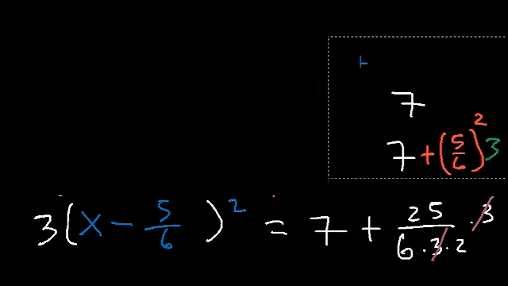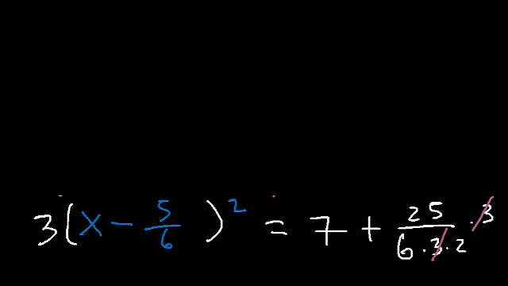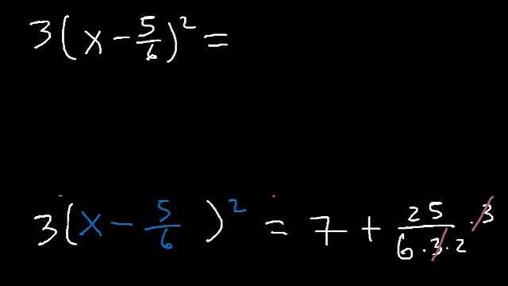It makes the math a lot easier. So what we now have is 3 times x minus 5 over 6 squared equal to 7 plus 25 over 6 times 2, which is 12. So let's get common denominators. Let's multiply this fraction top and bottom by 12.